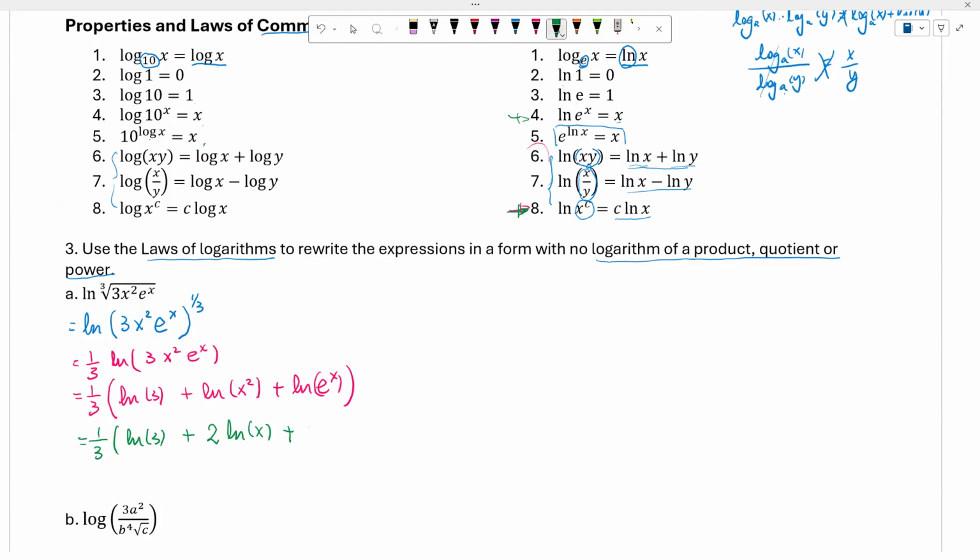Or you could bring the power down to make it natural log of e, but we know that natural log of e is 1. So the last step is to distribute the 1/3 to the 3 terms. I will have natural log of 3 over 3 plus 2 natural log of x over 3 plus x over 3. So this is the idea that we have.